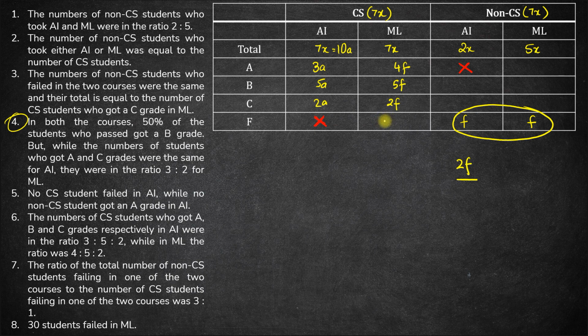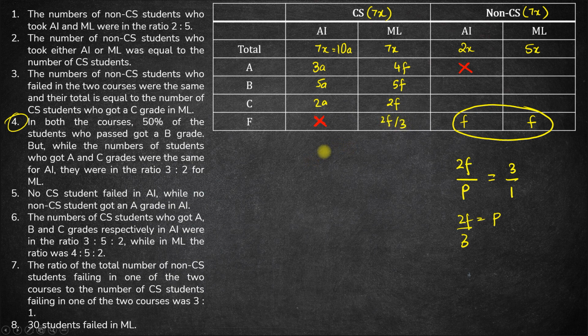Let's say this is P. So 0 plus P is P. So ratio of non-CS students failing to CS students failing is 3:1. Okay, so from here 2f is equal to 3p, or p is equal to 2f by 3. So this p here is 2f by 3.